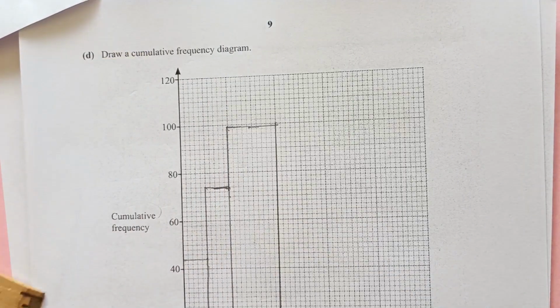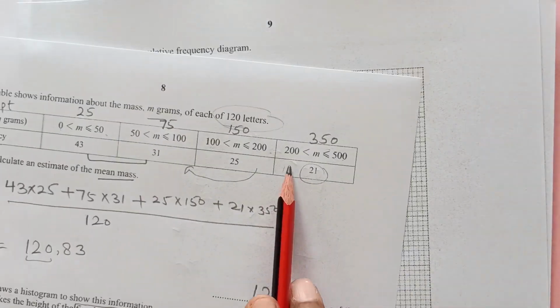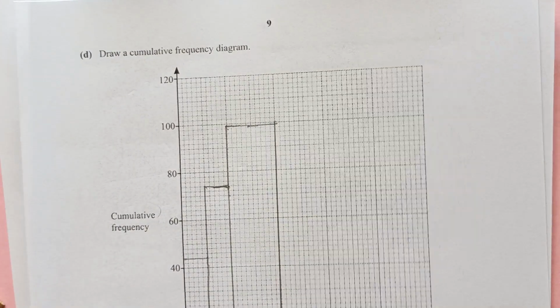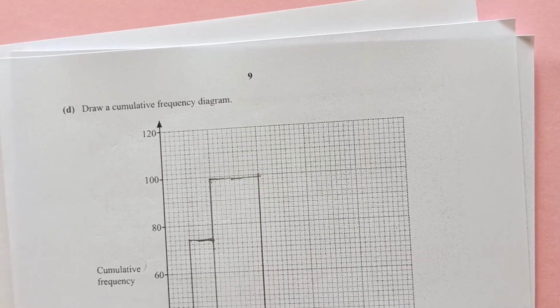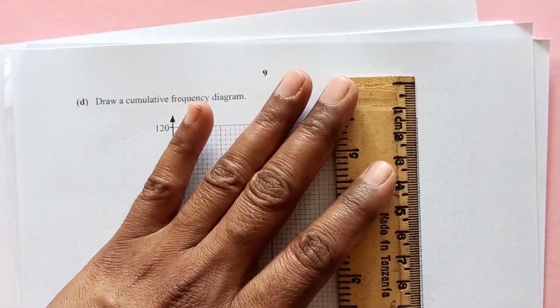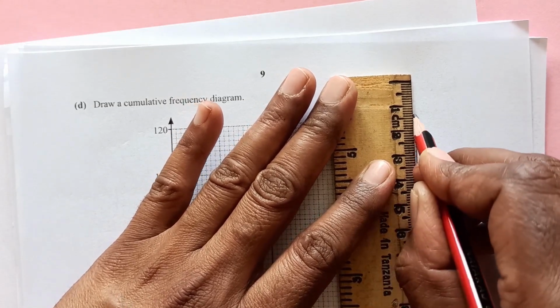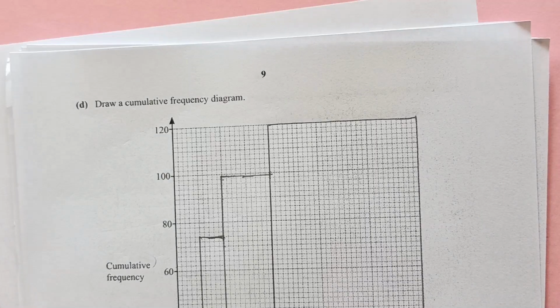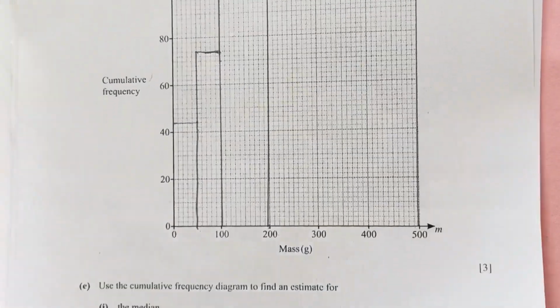This one, right? Then we have 200 to 500, which is 120. The whole of this is 120, so 120 is here. So this is the diagram, right?